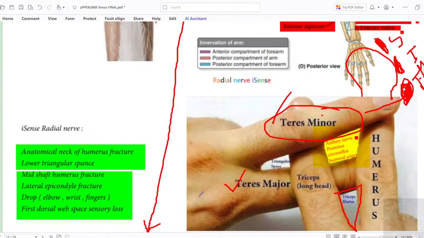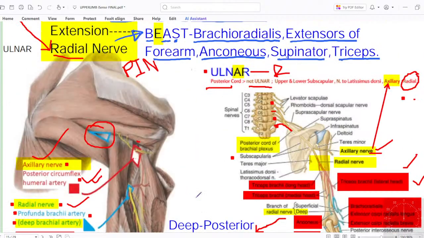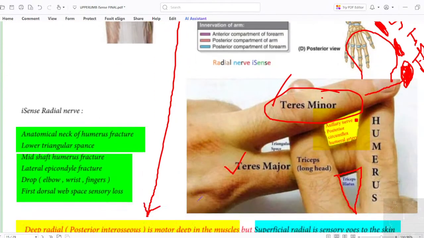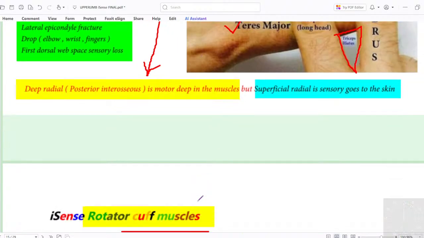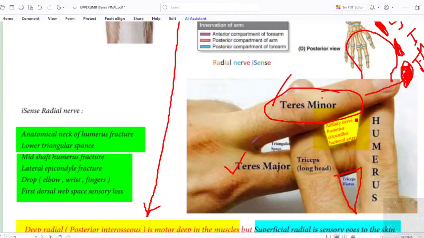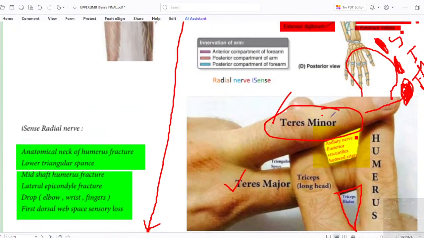Now here, this is the posterior aspect in the axilla. In part B, there is actually a lot of expansion and questions from this part.